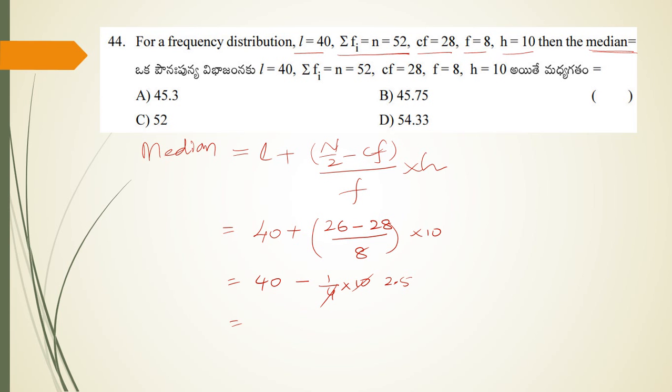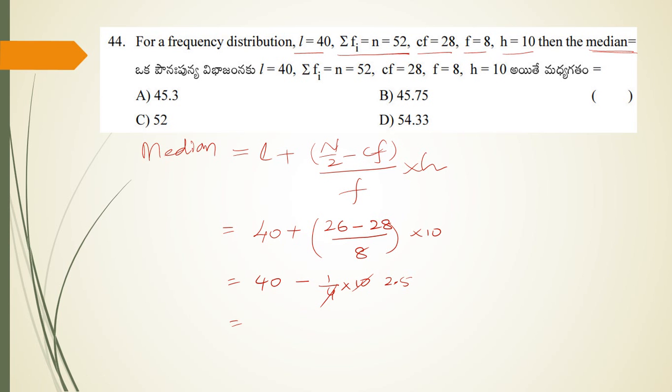37 point something. But here there is no such option, right? So what is the N by 2 value? N by 2 value is 26. 26 minus Cf is 28. So 10 by 4 means 5 by 2, so 2.5.